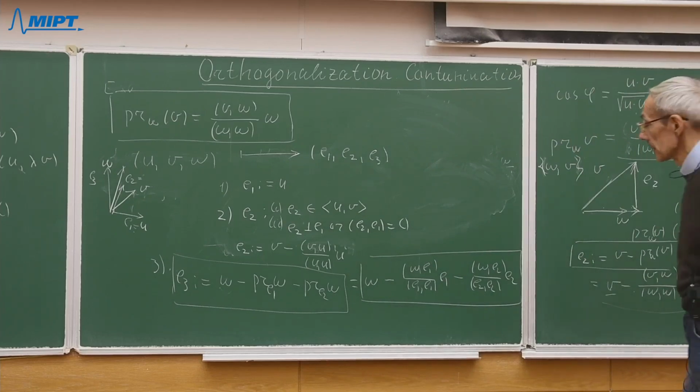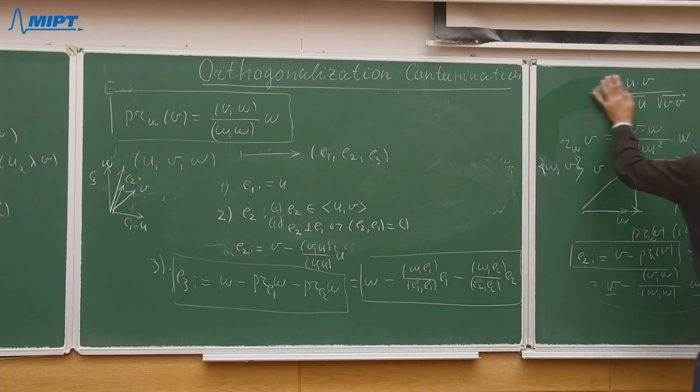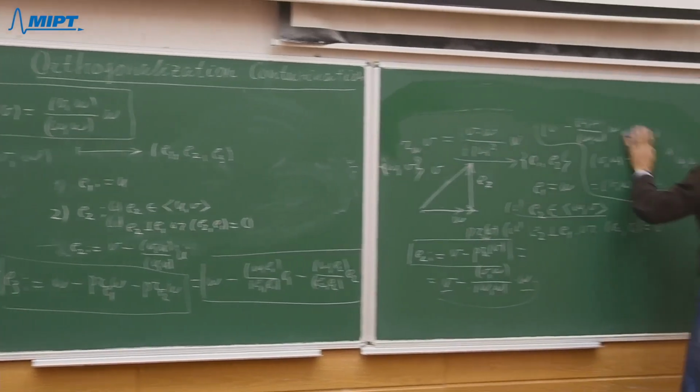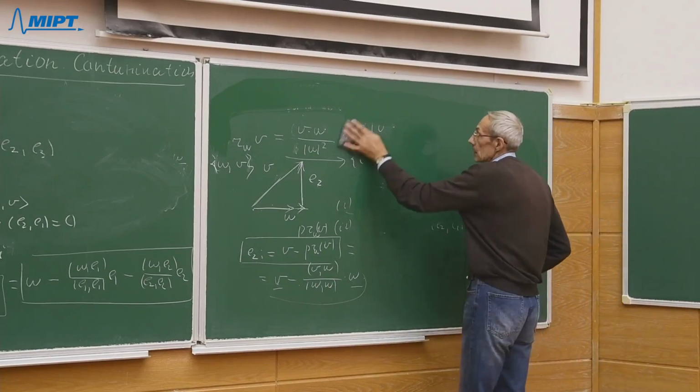What does this formula mean from the algebraic point of view? The algebraic explanation is the following.